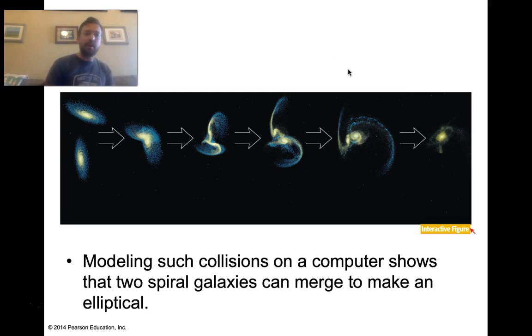So computer models show us that two spiral galaxies colliding will create an elliptical. That's a lot of the support that we have for that theory: in a mathematical model, two spirals together make an elliptical.